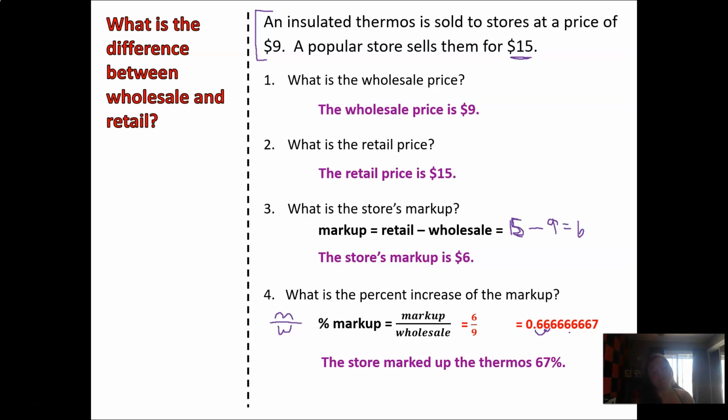And so the store marked the thermos up 67%. It's 66.6, so we're going to round that up to the nearest whole percent. So 6 rounded up to 7. Okay, so that's how we look at wholesale, retail, markup, and percent markup.